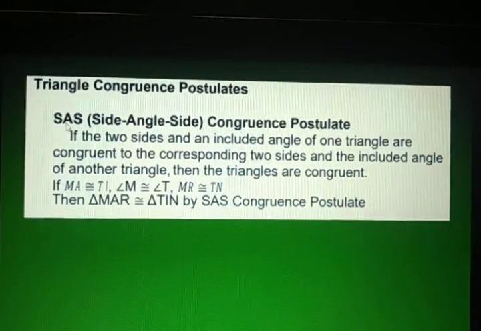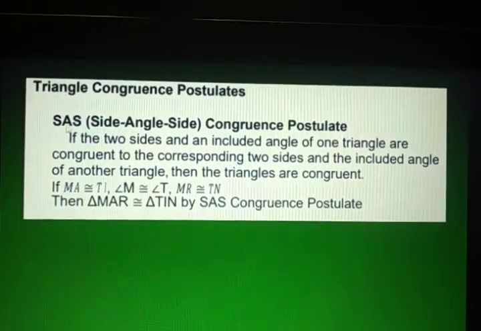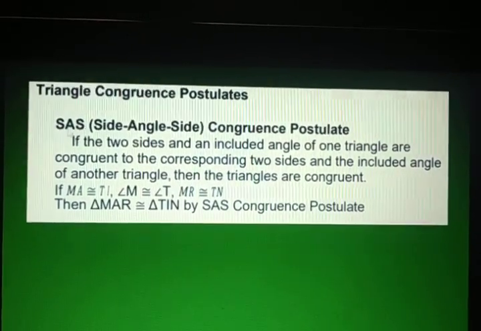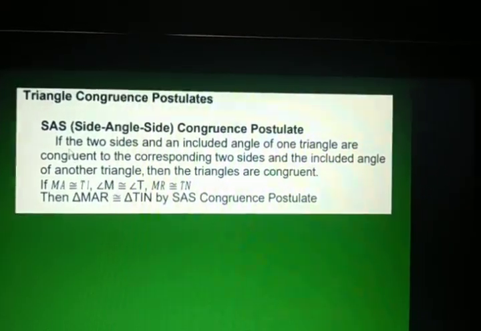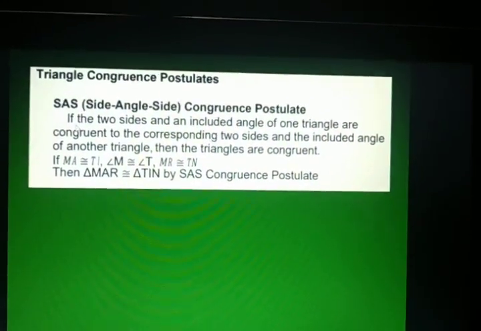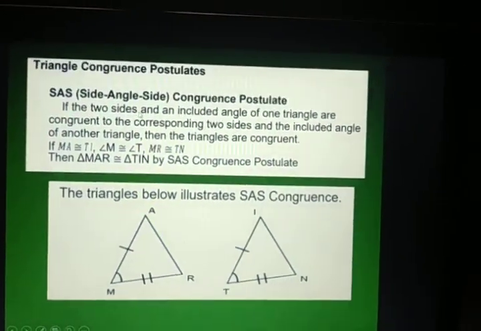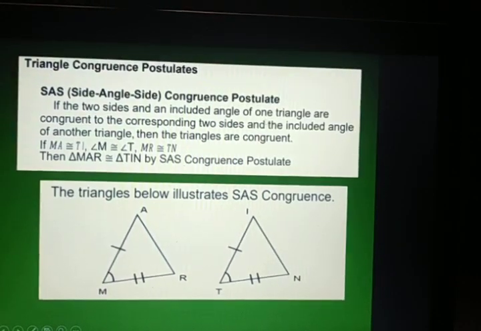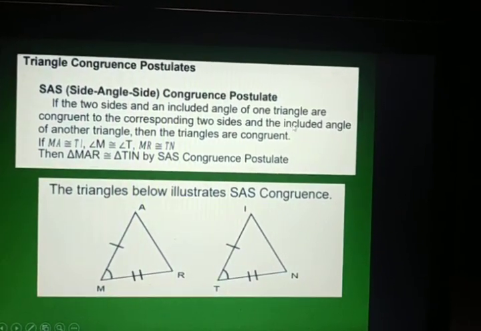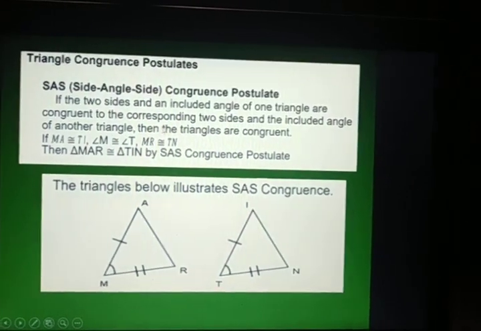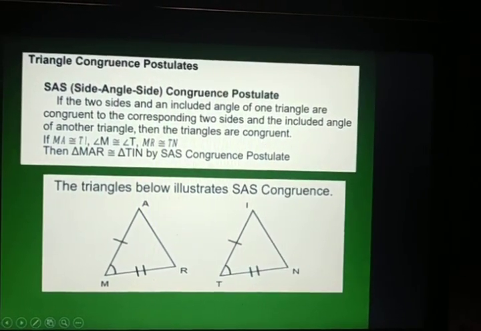Ang A angle is an included angle between the two given sides. Okay? Let me read to you the definition. If the two sides and an included angle of one triangle are congruent to the corresponding two sides and the included angle of another triangle, then the triangles are congruent.